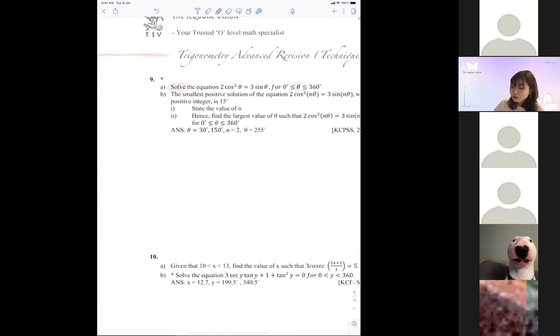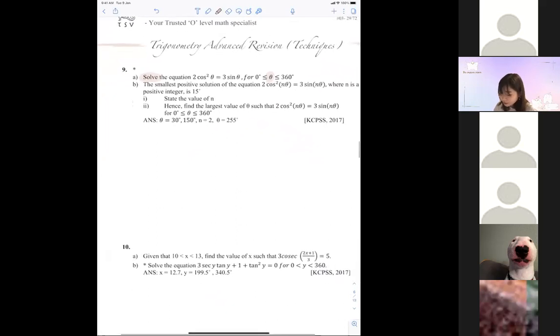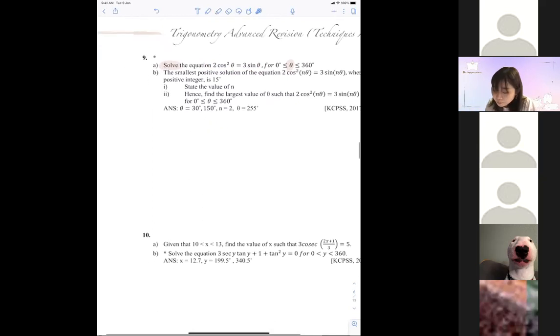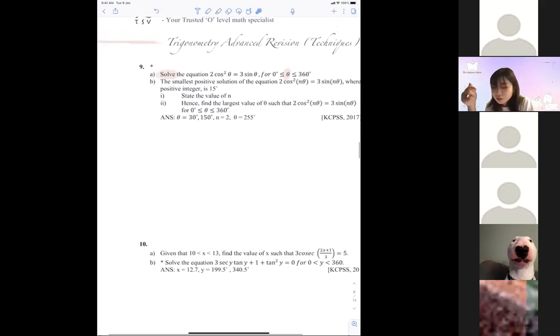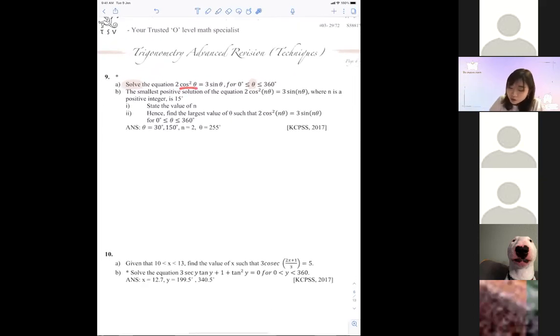In this case, theta. Okay, so when we see here, after 9, I'll give you a short break. Every time when you want to solve for theta, you know that you must make a trigo function the subject. Then you can find basic angle, then you can find quadrant. So if there is two different trigo functions, and let's say the angle is different as well, always try to make the angle the same using addition or double angle.